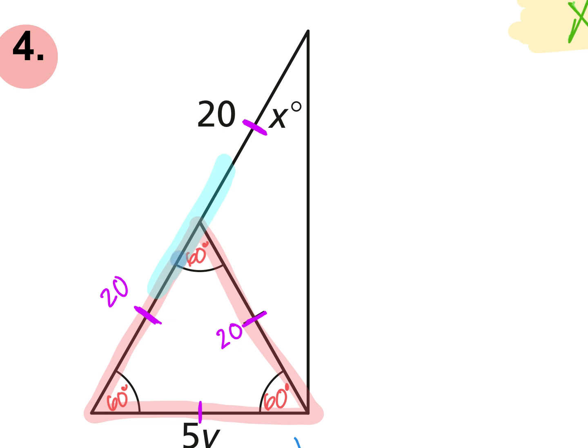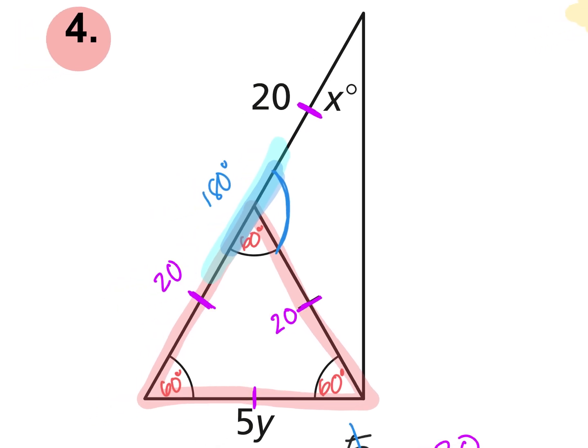If this entire line is 180, I need to figure out this remaining piece. So how would I figure that out? 180 minus 60. Good. And what would I get if I subtract 180 minus 60? 120. Good. So I know that this right here is 120 degrees.